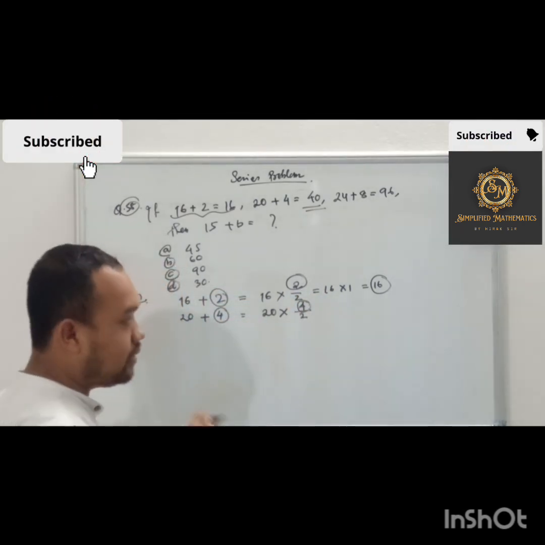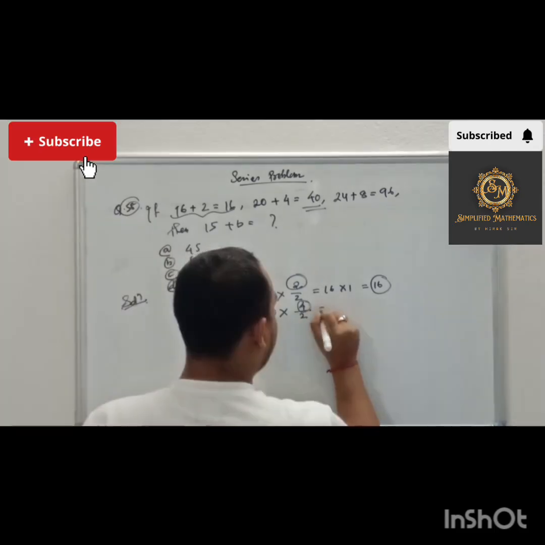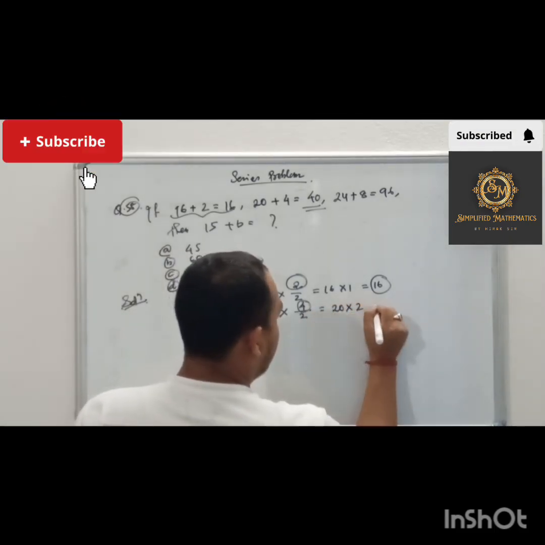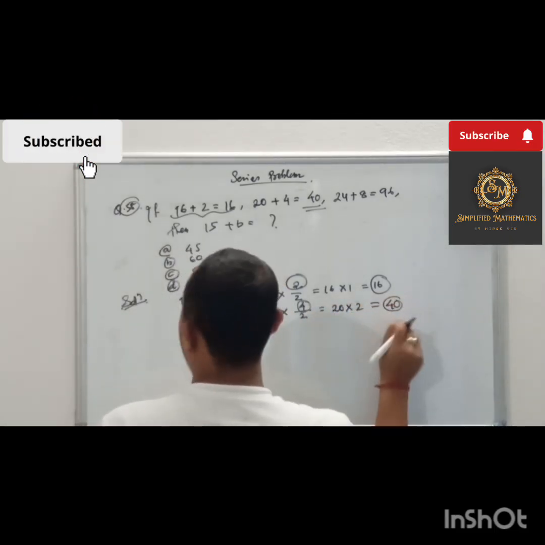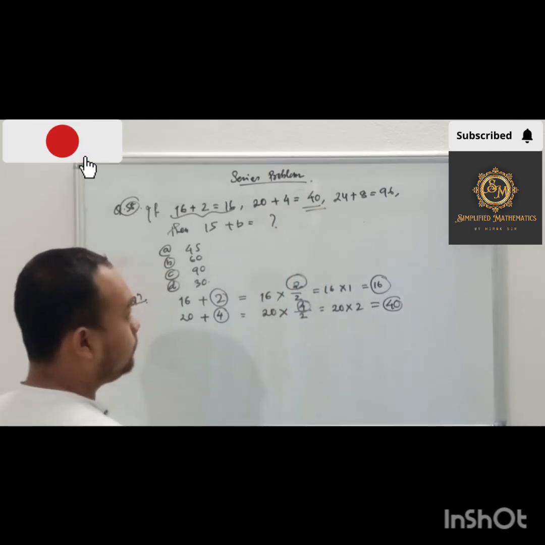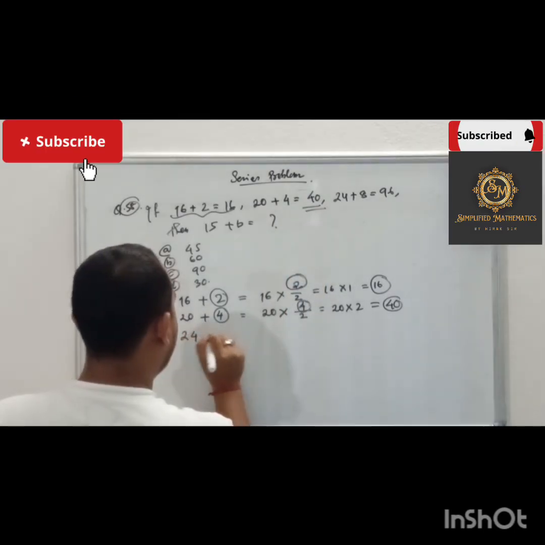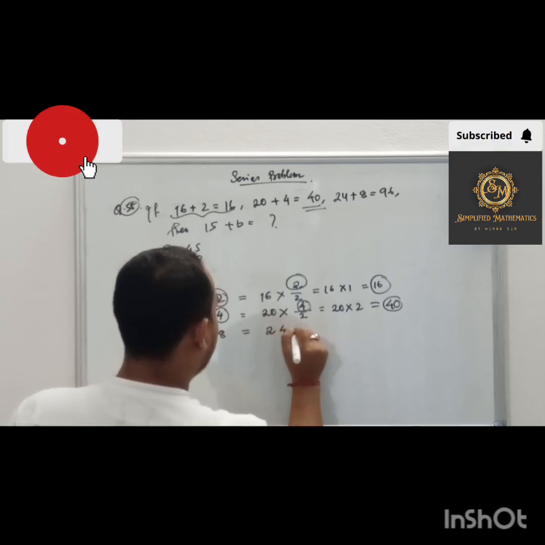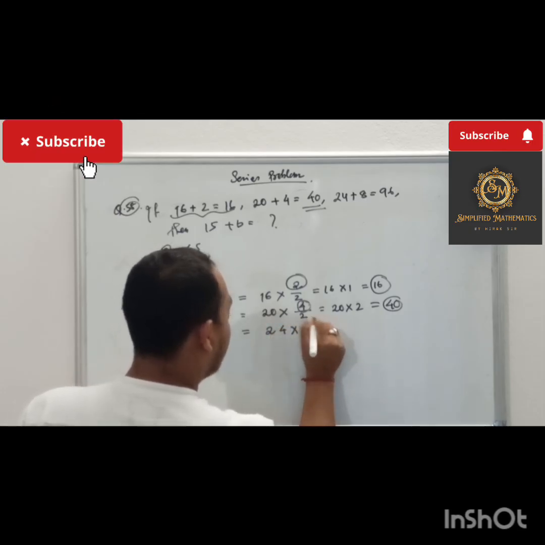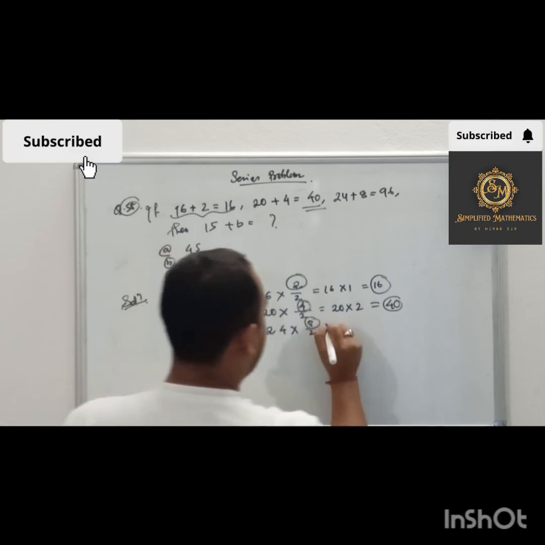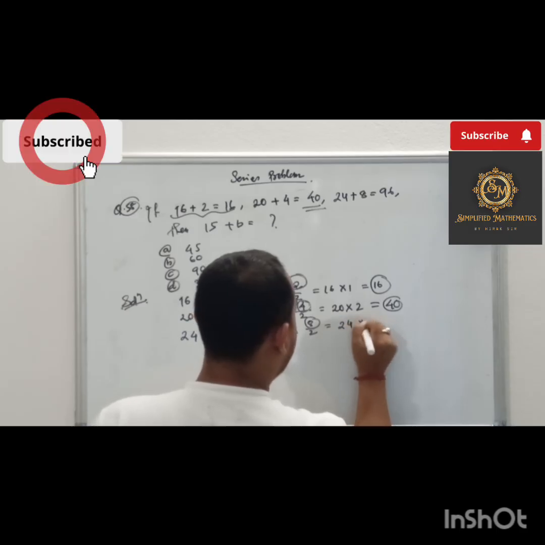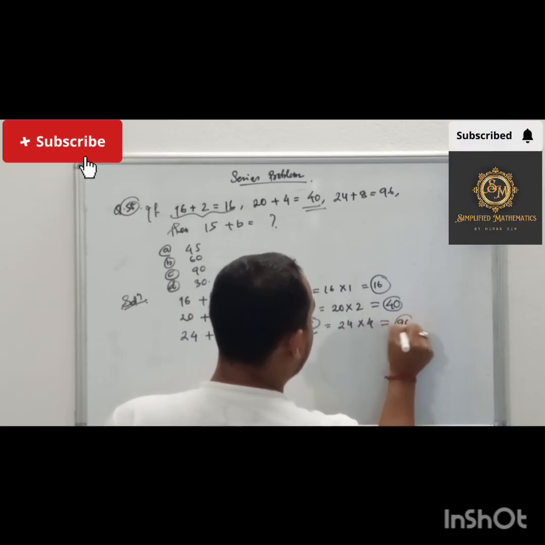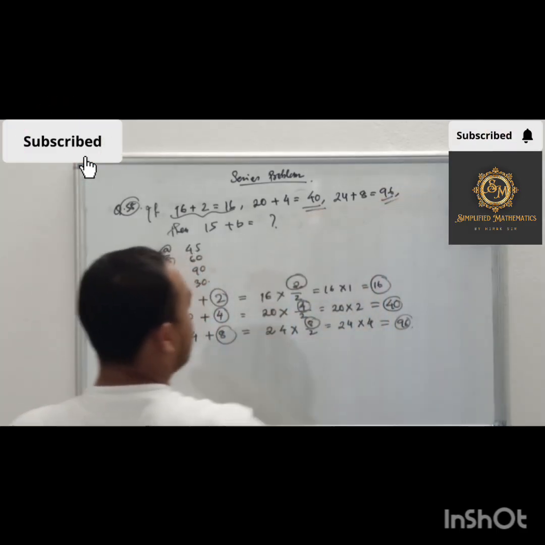We are dividing every number by 2 so that we get 40. Similarly, 24 plus 8 is 24 into 8 divided by 2. What do you see? 24 into 4, there is 96, you know. This 96 is obtained.